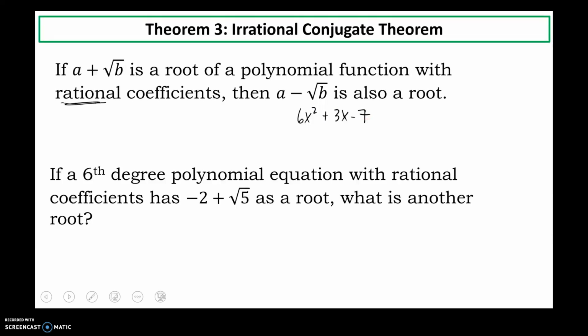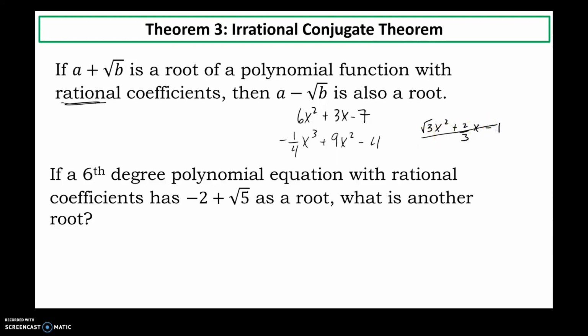Remember that rational means any number that can be written as a fraction. So I could have negative 1/4 x cubed plus 9x squared minus 4. I couldn't have something that looks like square root of 3 x squared plus 2/3 x minus 1. You have to have rational coefficients.